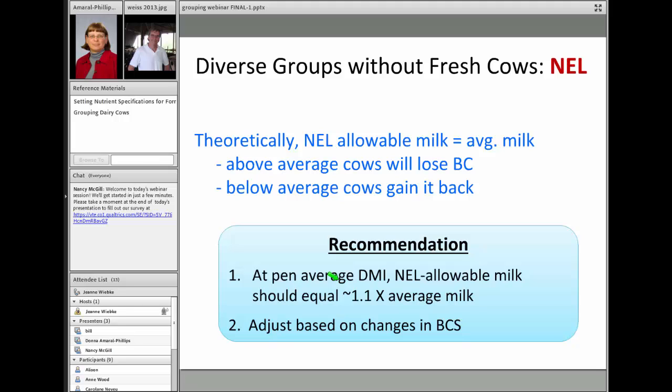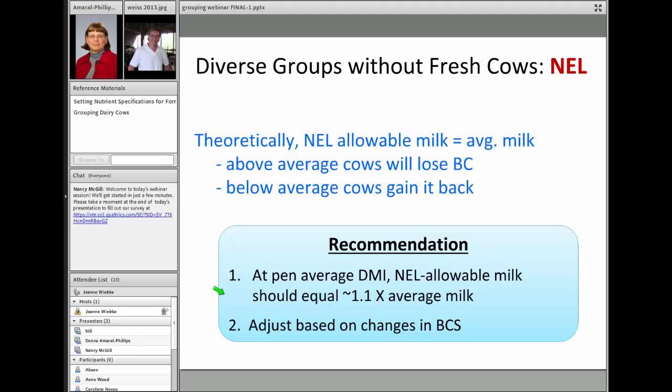Okay, now net energy is a lot tougher, I think, because in theory, net energy allowable milk should equal average milk, because cows that are producing more will lose condition, but then when they become lower than average production, they gain it back. So in theory, energy allowable milk would just equal average. But there's a lot of uncertainties in estimating NEL, so this is my opinion.